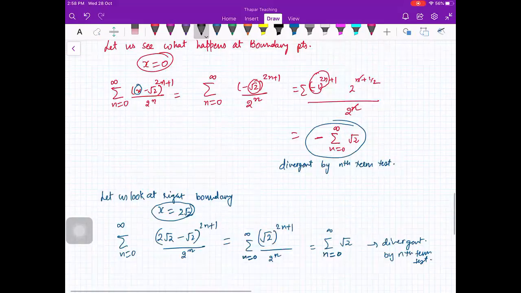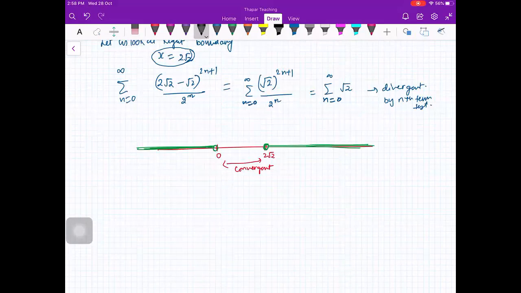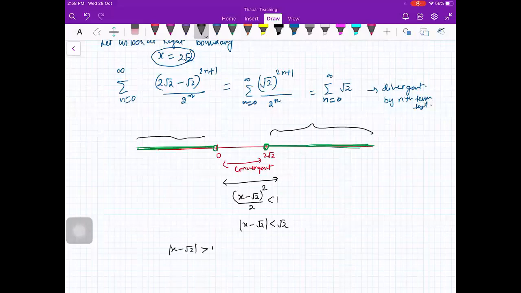Okay, so now what is the name of this region? |x minus root 2| less than root 2. So what is this region? This region is |x minus root 2| greater than root 2. And for that you can check anyway by nth term test also.